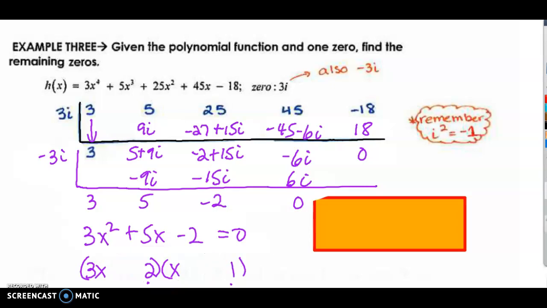So I'm going to try switching my 1 and my 2 around. What if I put my 1 here and my 2 here? Well, now I'm going to get 6 and 1. Well, that's awesome, because that way now if I make this a minus and this a plus, then when I multiply 3x times 2, I get positive 6x, and a negative 1 times x is a negative x.